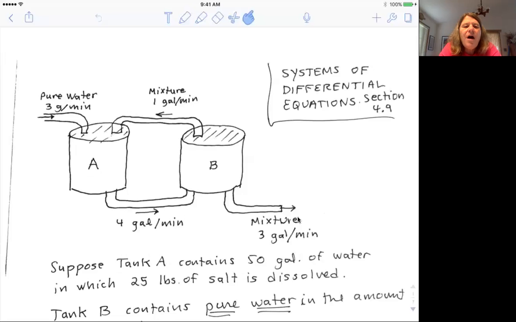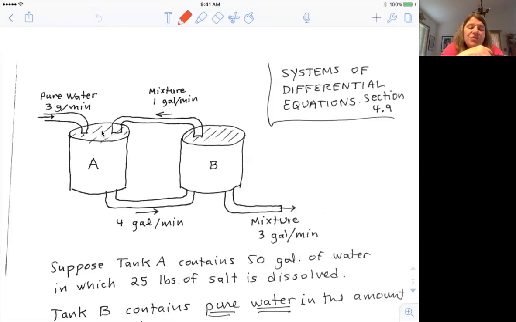One of those problems had to do with one tank where water was going into the tank and coming out of the tank, and there was a mixture of salt. Maybe pure water would come in and I had so much salt in here, what happened to the water coming out? We could solve that with a linear DE. I think there's one on the first test, actually.